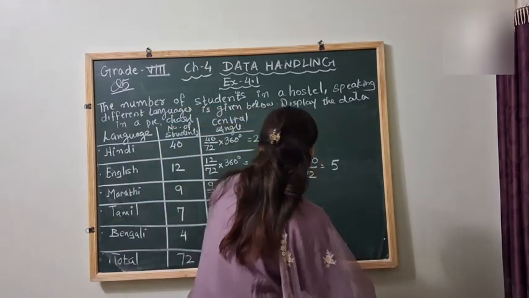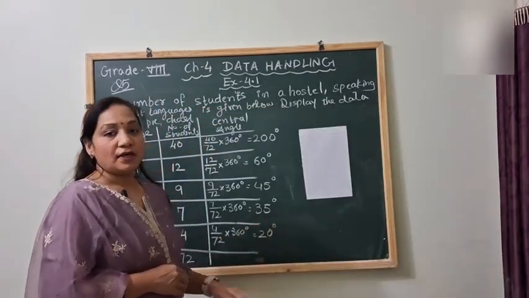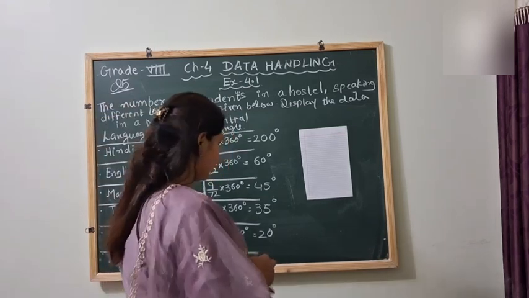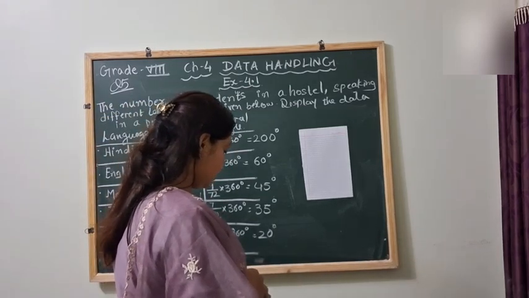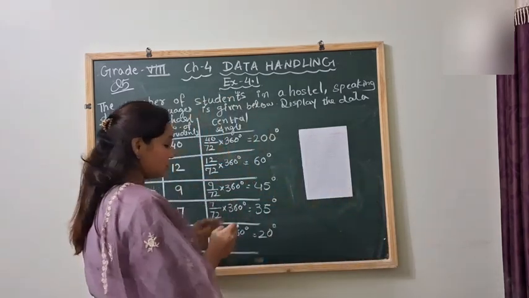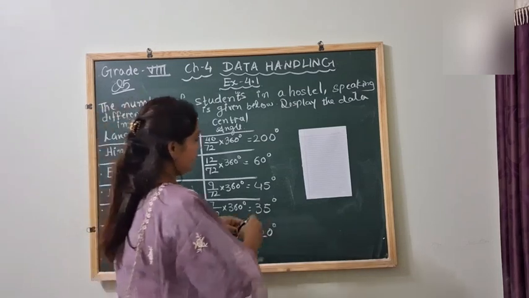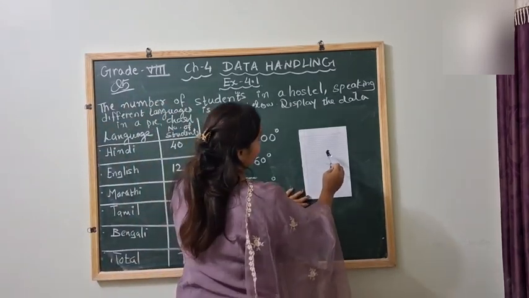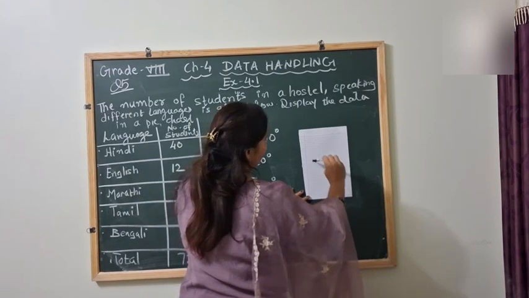Let us do it, students. First step, we will draw a circle. Make a center point and draw a circle.